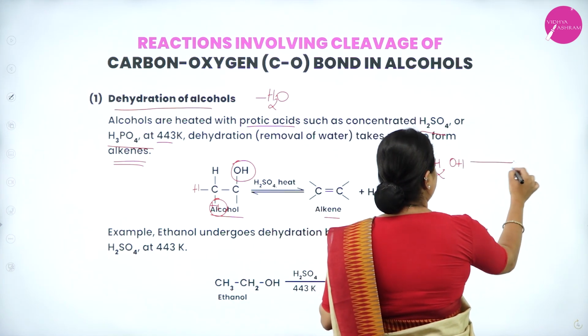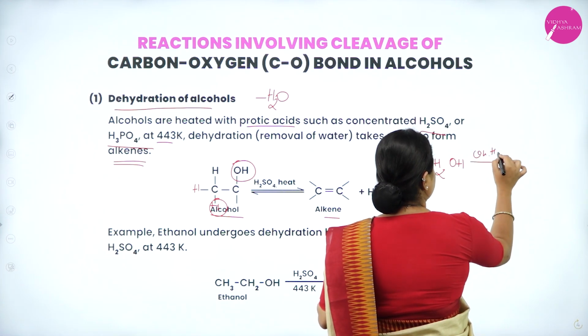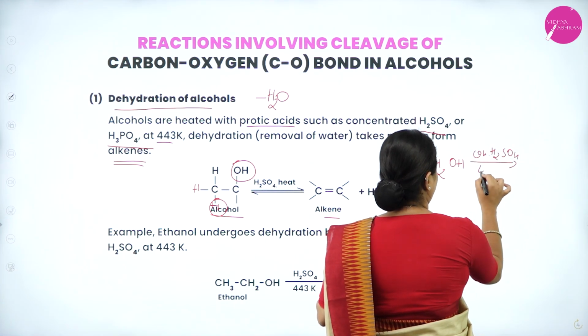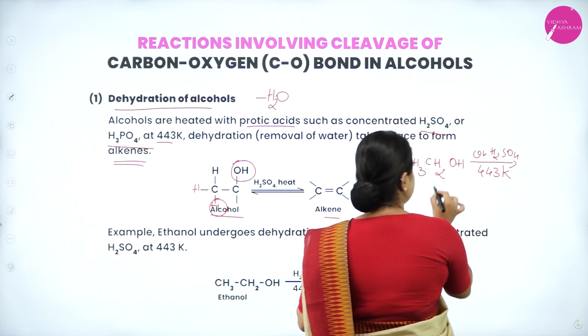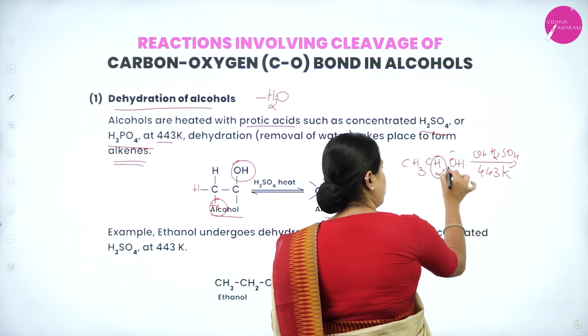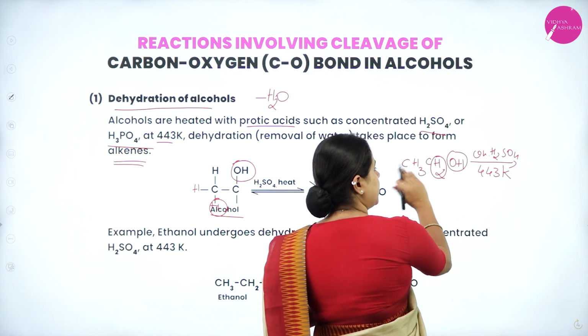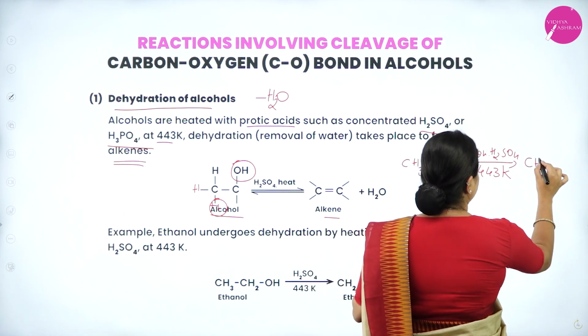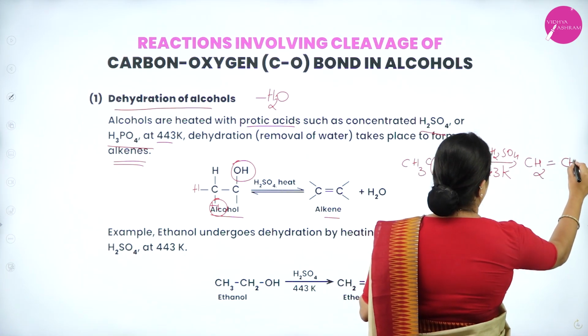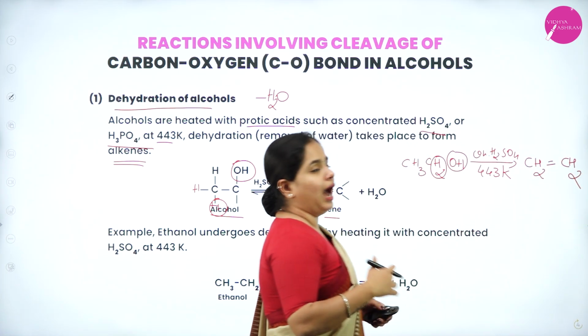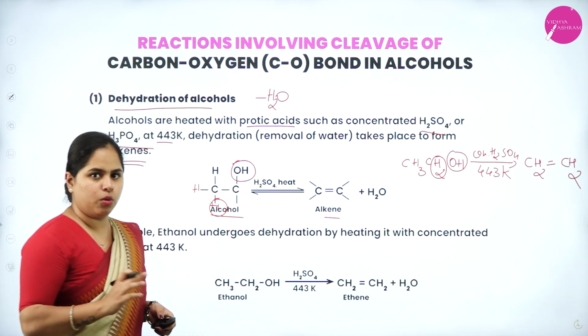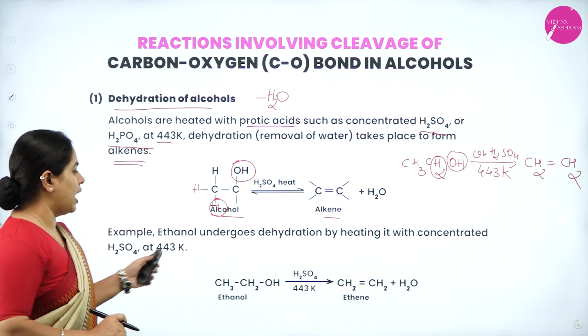Ethanol undergoes dehydration in the presence of concentrated sulfuric acid at 443 Kelvin. One hydrogen from here and the OH will be removed, so a double bond will be formed here. It will be CH2=CH2, which is an alkene, ethene. I hope it is clear. So this is an example.